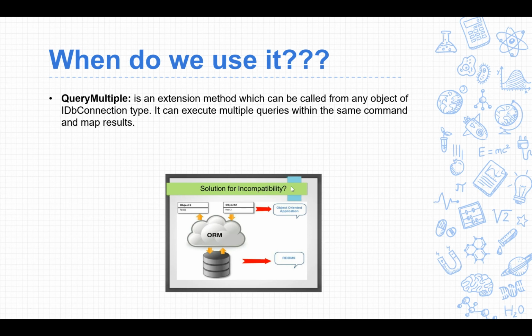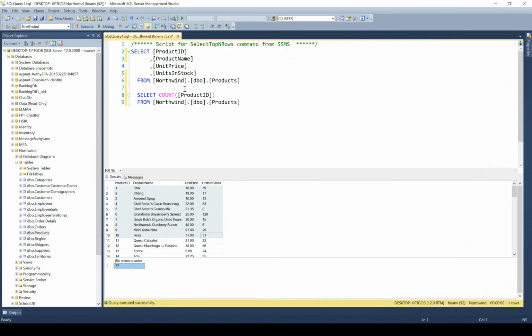Okay, let's take a look at an example of using QueryMultiple. Within the SQL Server Northwind database, I have a product table and I want to display all of the data in a grid view control within a Windows Forms application, along with the total number of rows in a single query. Okay, let's flip to Visual Studio.